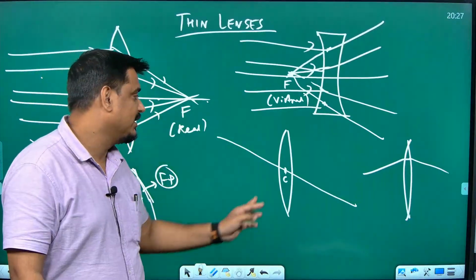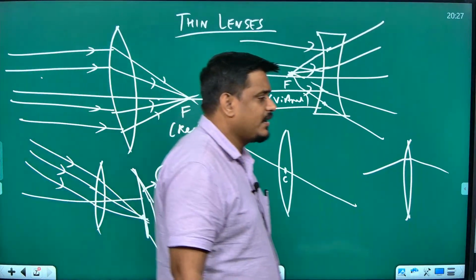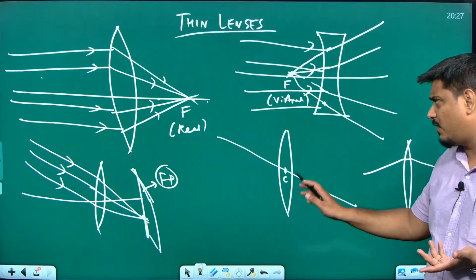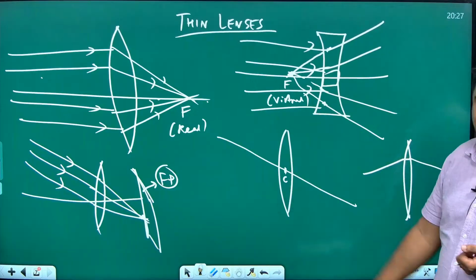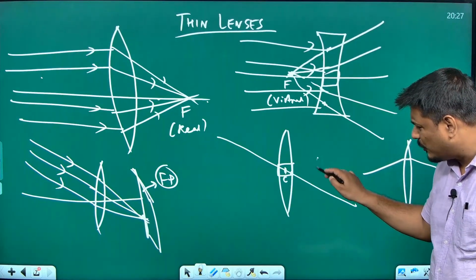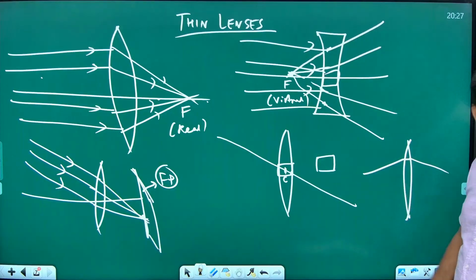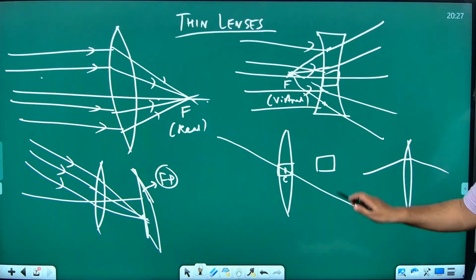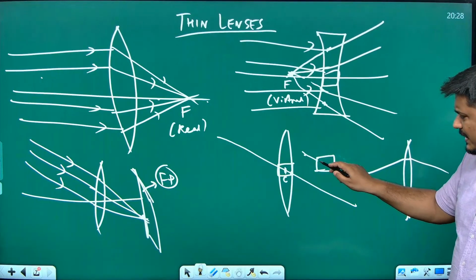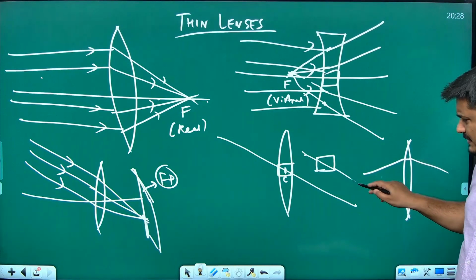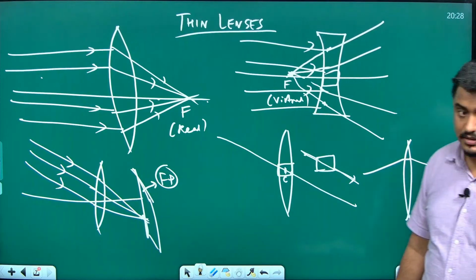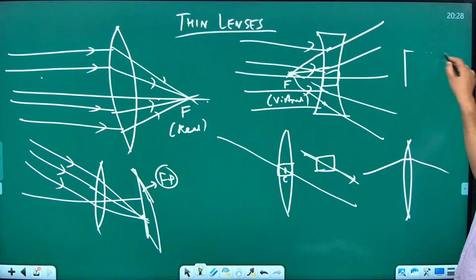Okay, coming back. If you see the central part of a lens, whether it is a convex lens or a concave lens, does it look like a rectangular glass slab? In a rectangular glass slab, if the ray enters like this, it gets refracted, once again gets refracted, and these two lines are always parallel.